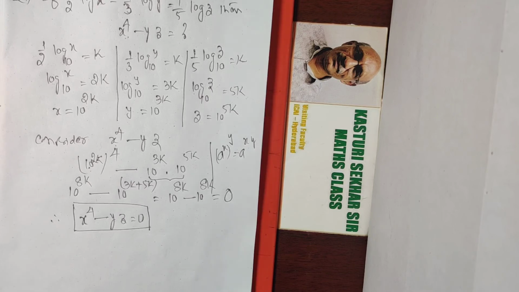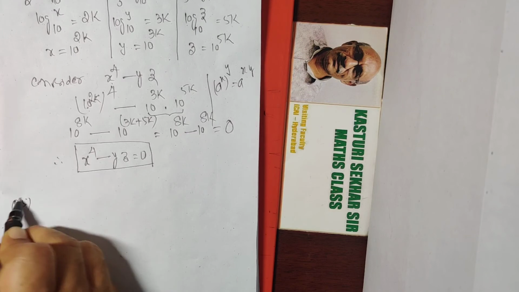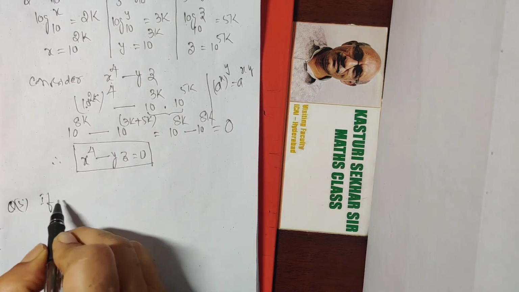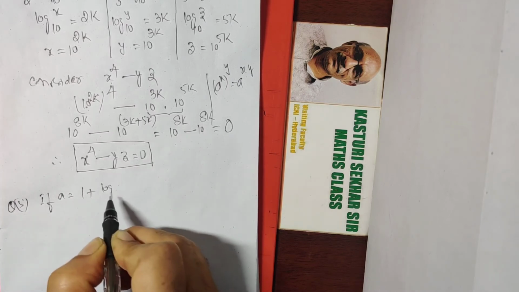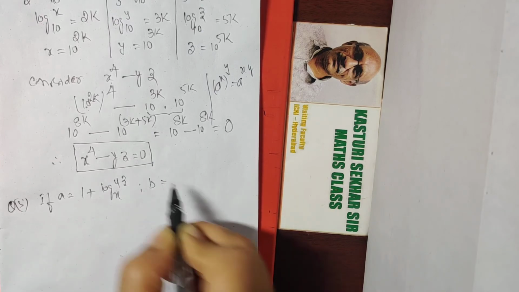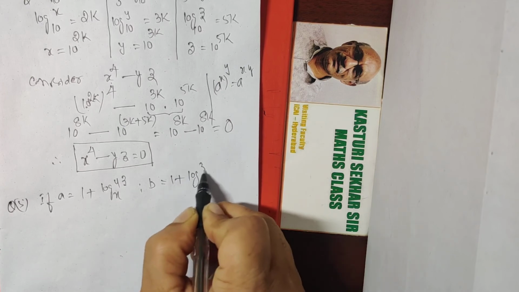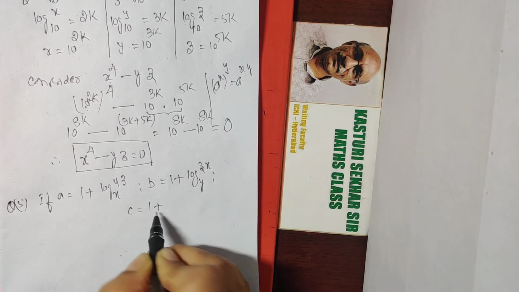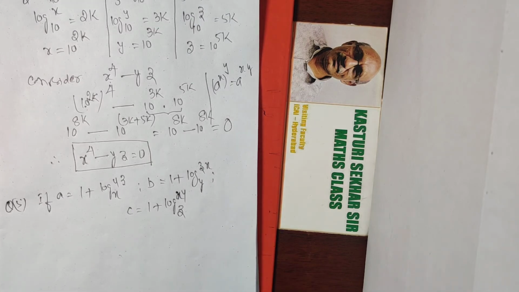Okay, sir. Let us see next question. Question number 5. If a is equal to 1 plus log yz to the base x, b is equal to 1 plus log zx to the base y, c is equal to 1 plus log xy to the base z.